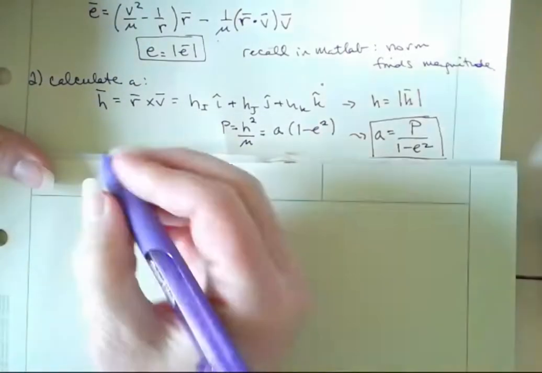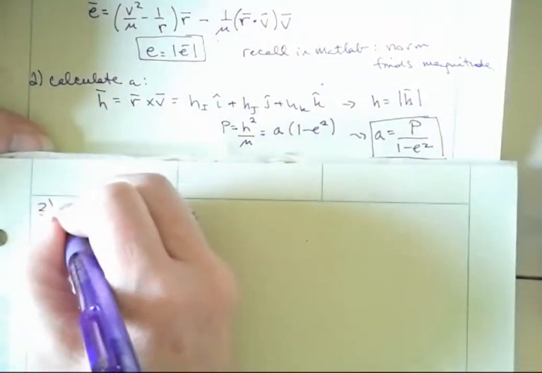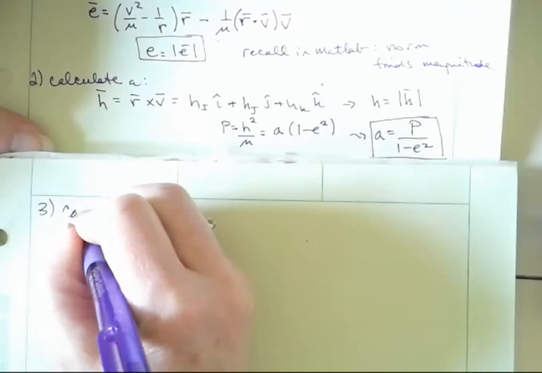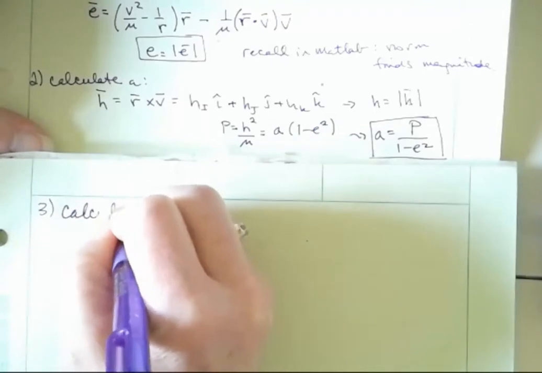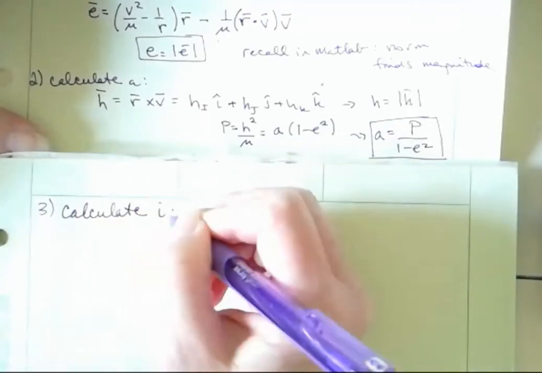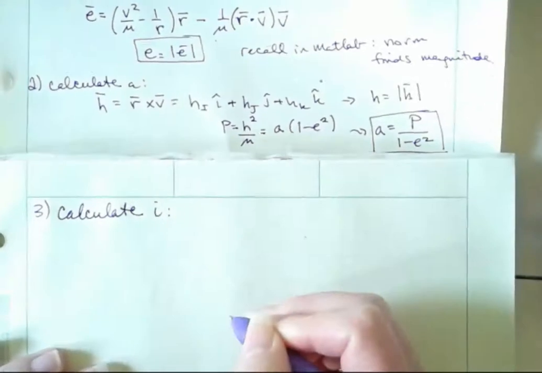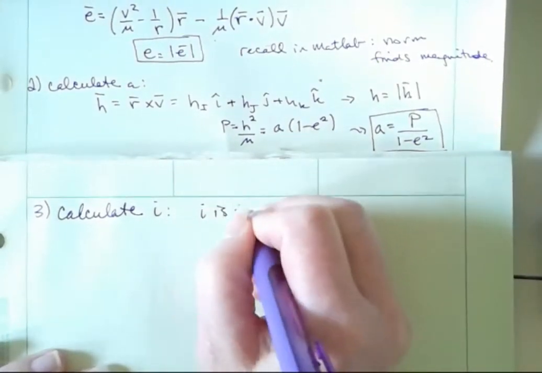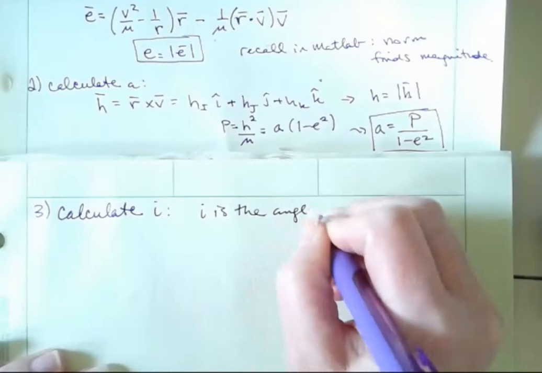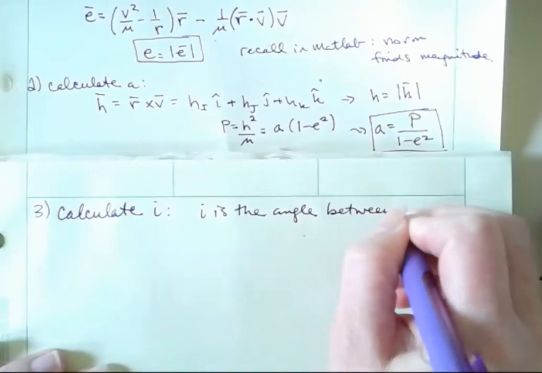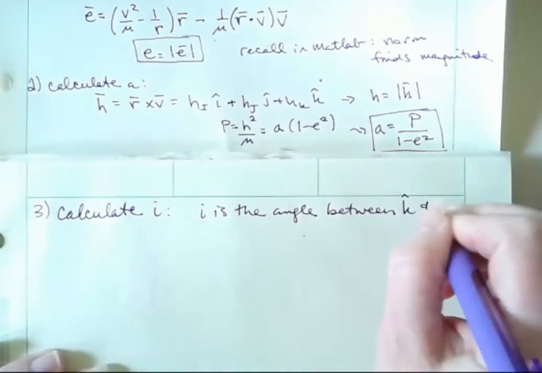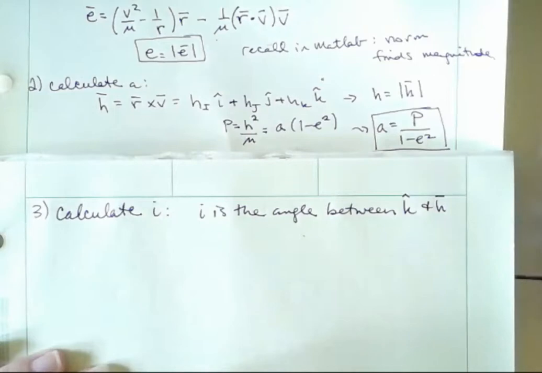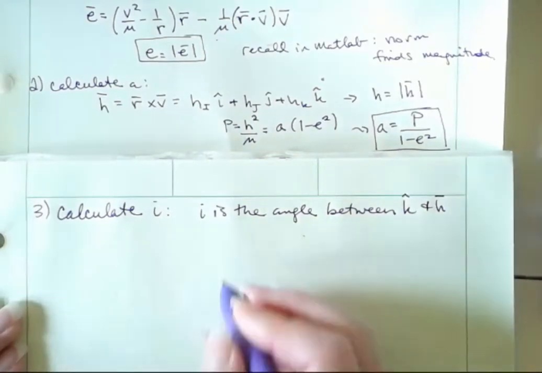Okay. So next we're going to find the inclination. So i is going to be the angle between unit vector k and the vector h. So that was what we drew on that picture that we had.